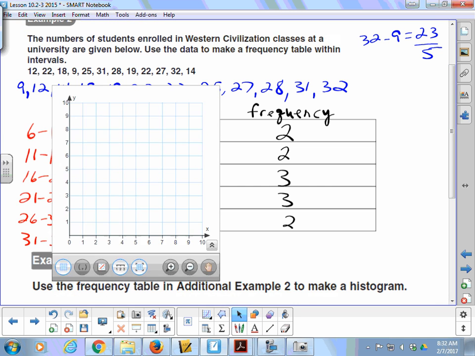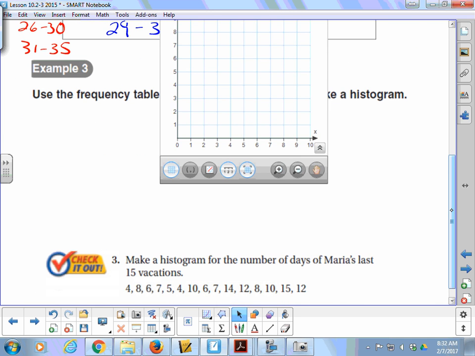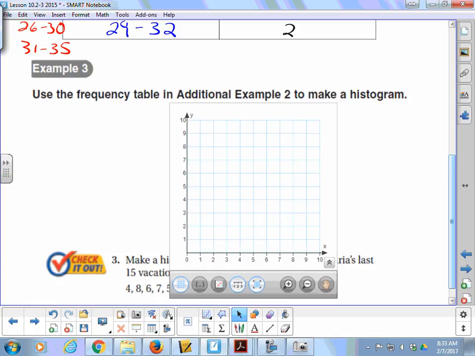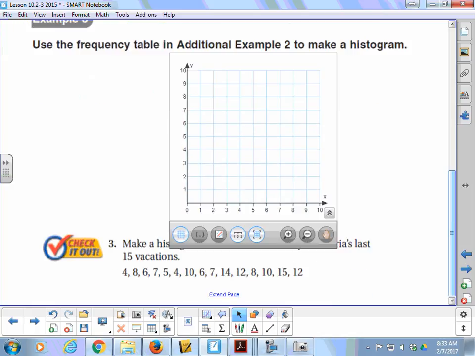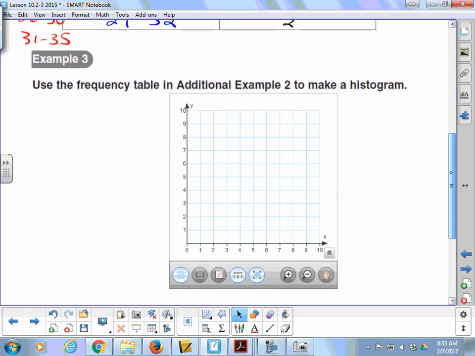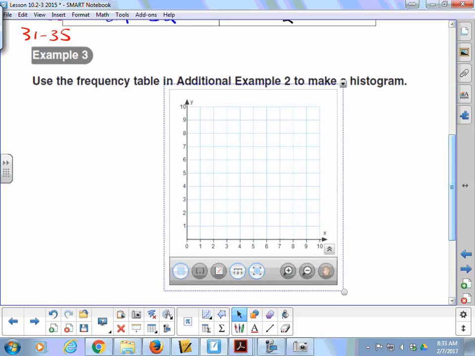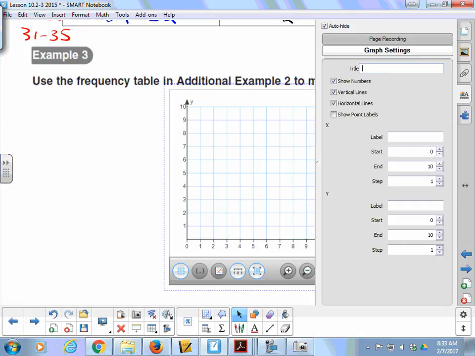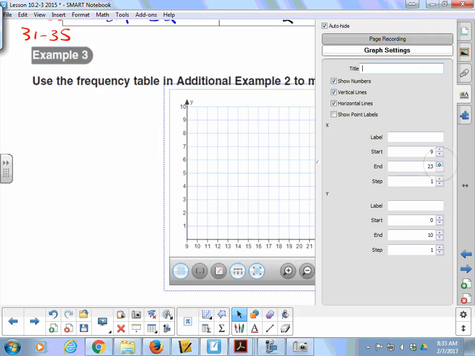I'm going to have to redo this. So we want our x-axis, along here, to start at 9 and go up to 32.